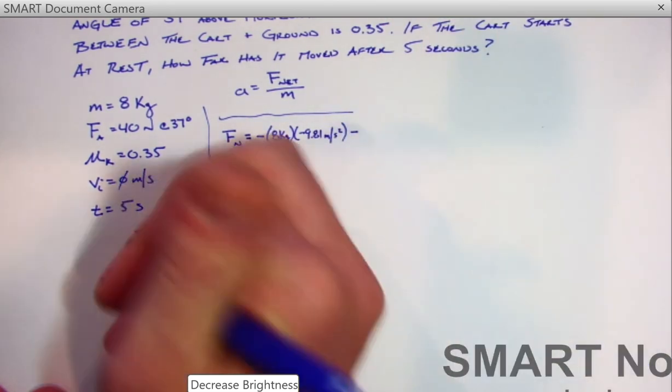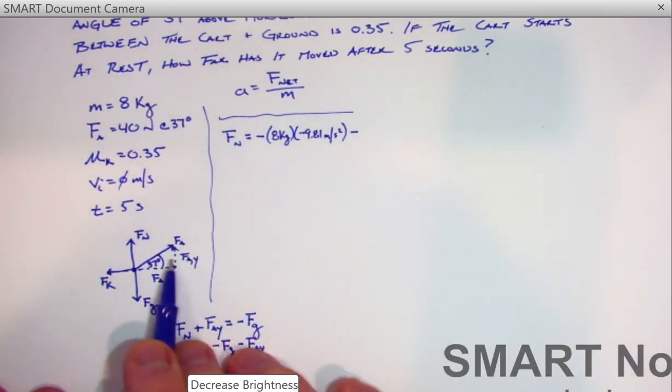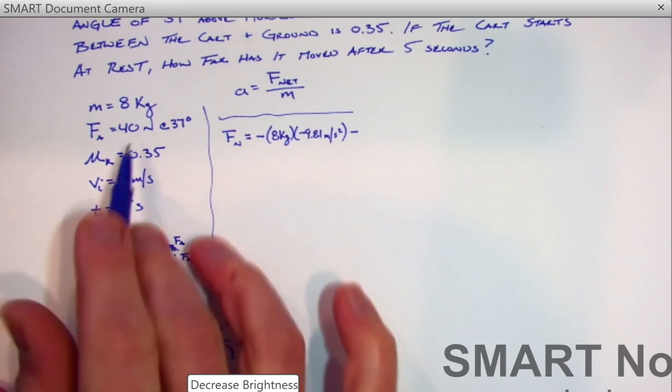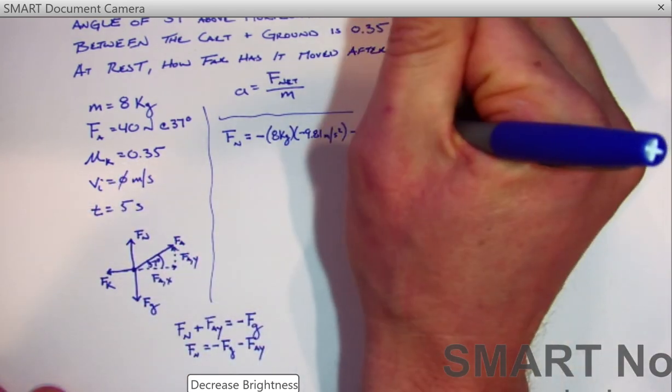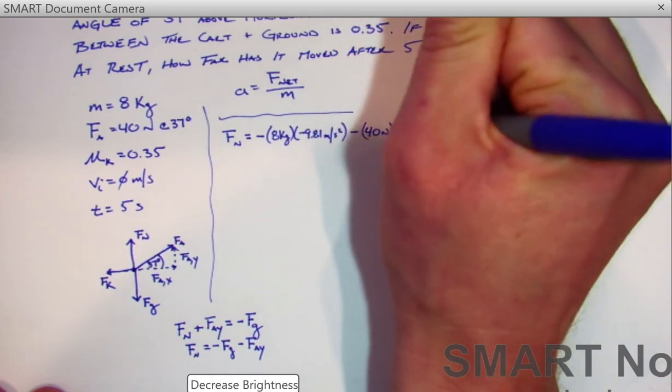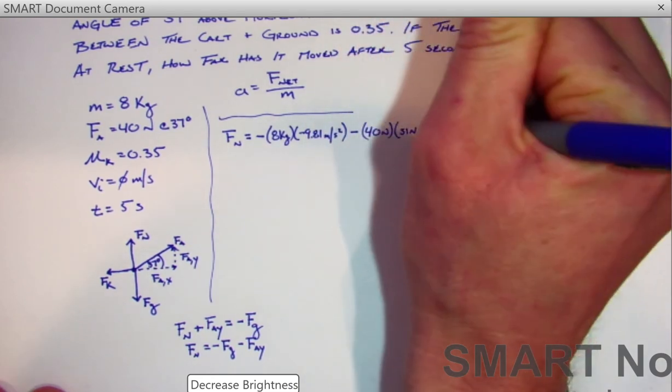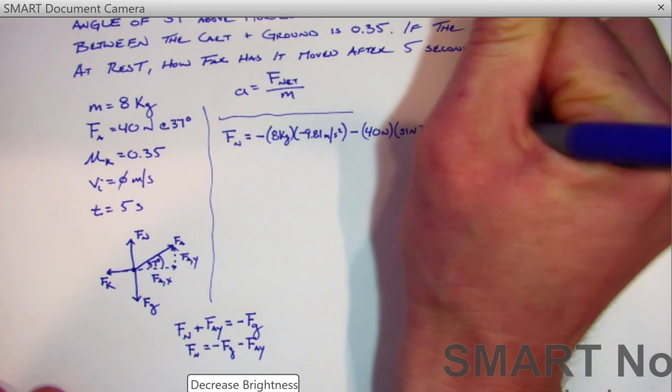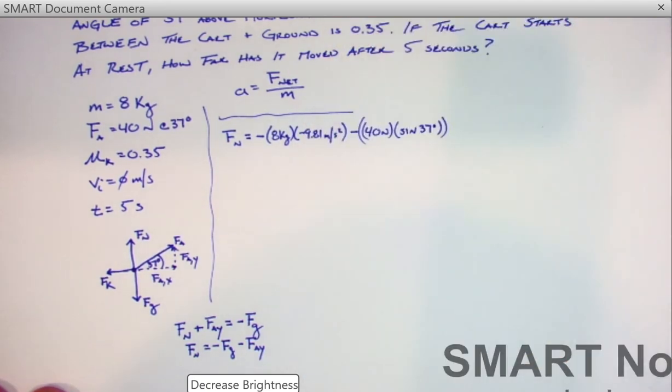Looking at this triangle, here's our angle. Force applied Y is opposite of the angle, so I'm going to use sine. Force applied is 40 newtons, the hypotenuse, times sine of 37 degrees. And that all stays together.